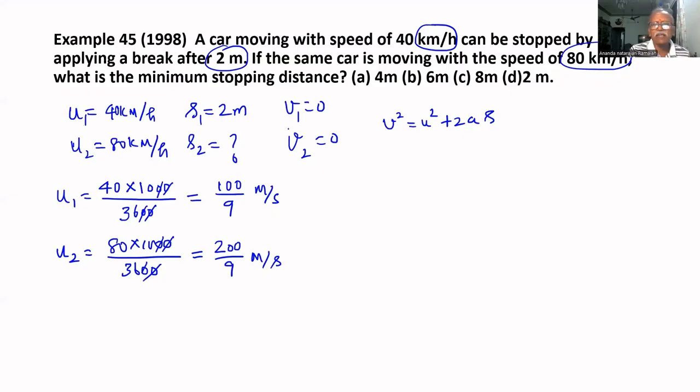From the first data, we'll find the acceleration. V1 equal to 0, U1 equal to 100 by 9. 0 equal to 100 divided by 9 square plus 2A S, S equal to 2 meters.